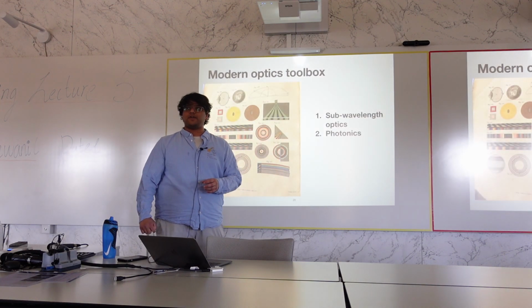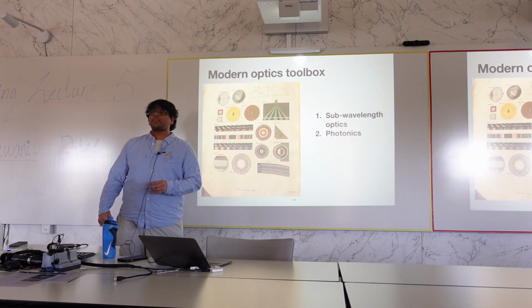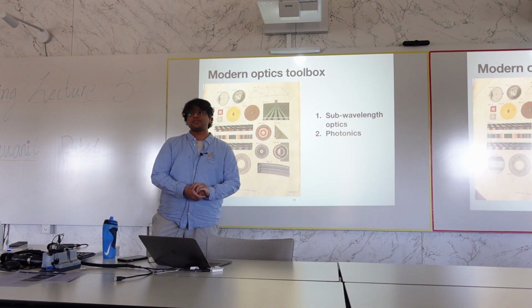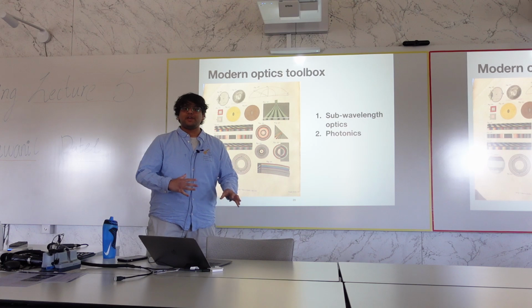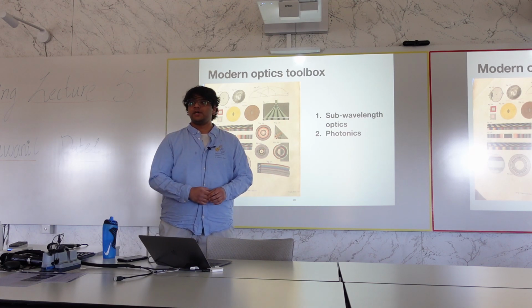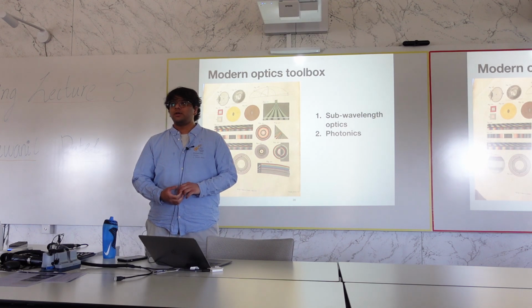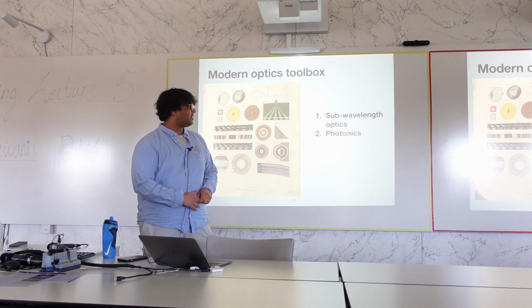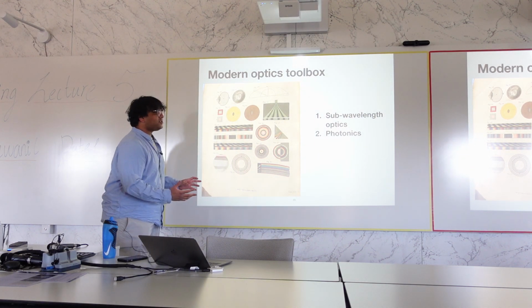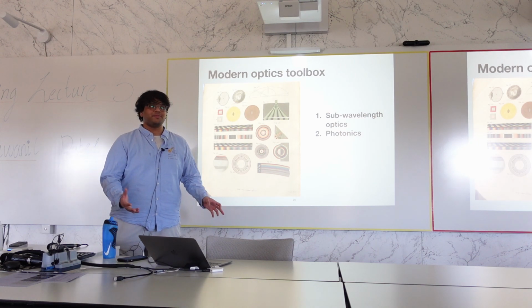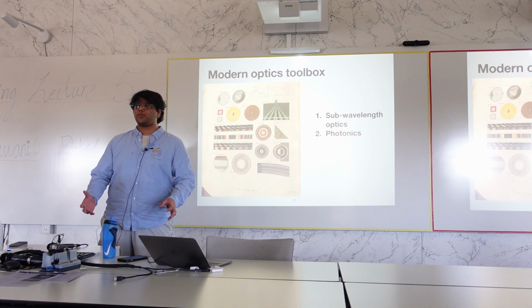So what do we have for that? This is something I call the modern optics toolbox, as in some relatively newer optics. Specifically in this lecture, I will talk about subwavelength optics and photonics. And just to show you that it's not something new, it was known to scientists before, but they weren't sure about what was going on.